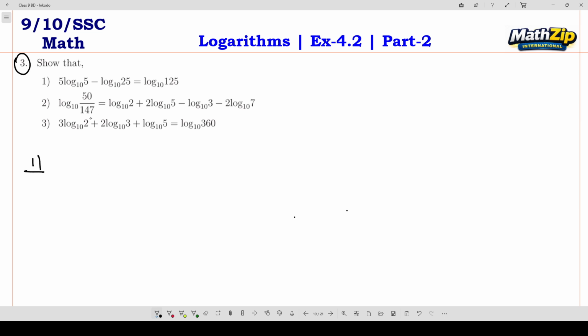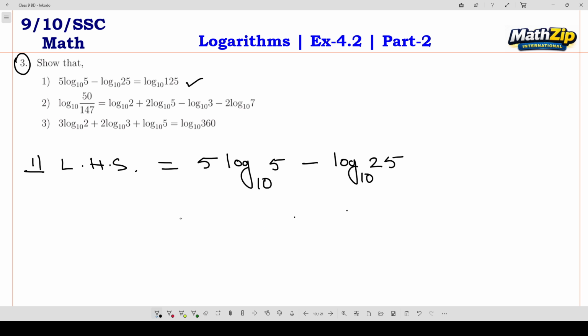First one. Here we have to prove 5 log base 10 5 minus log 10 base 25 equals log 10 base 125. So first, left hand side: 5 log 10 base 5 minus log 10 base 25.